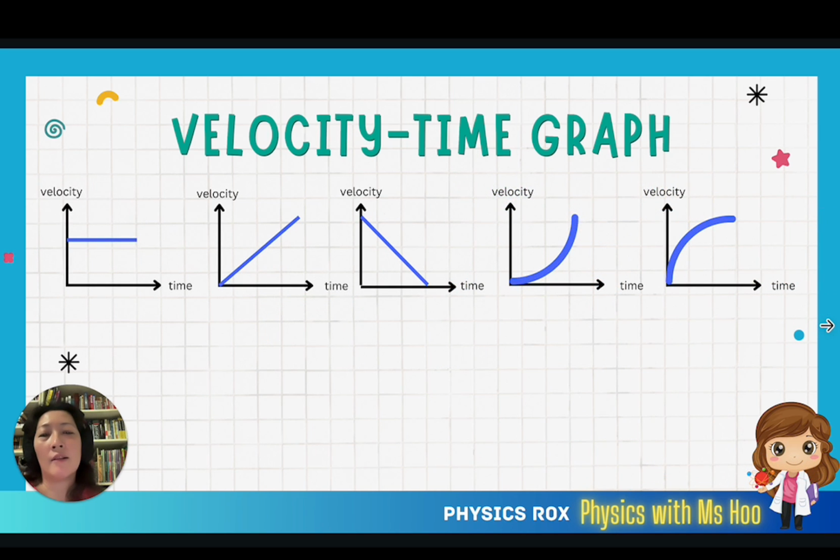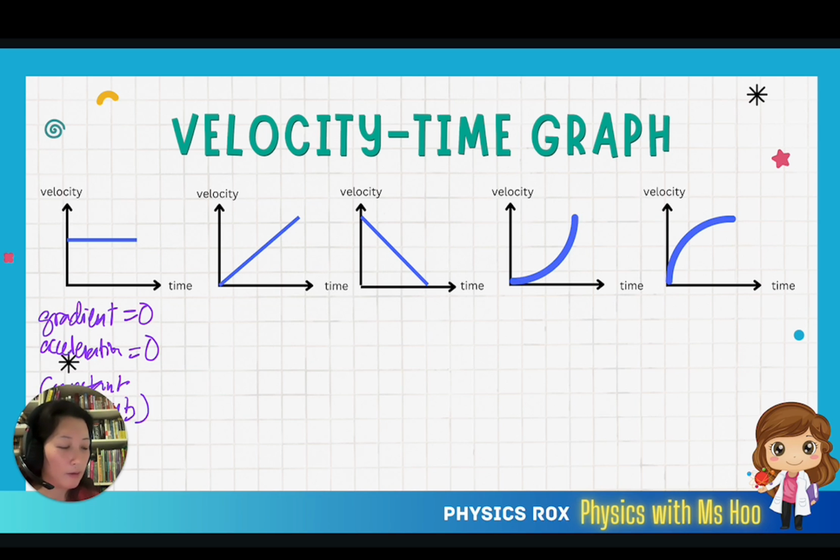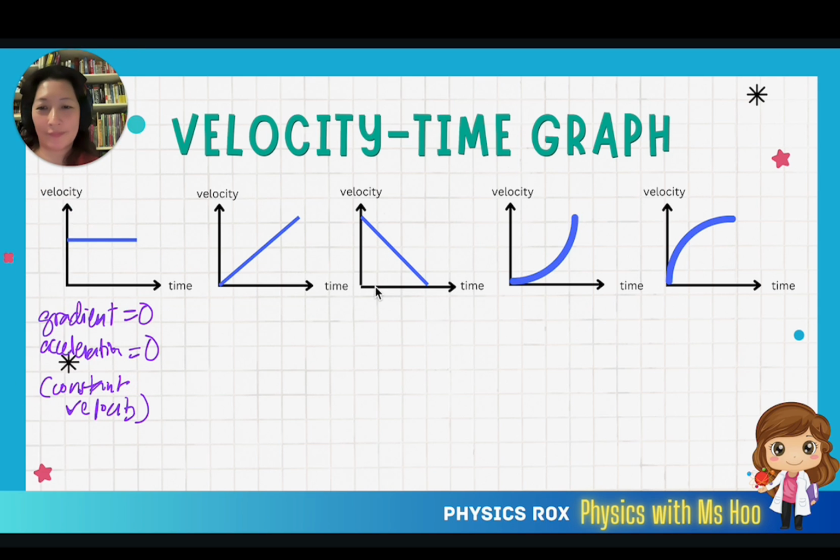Let's take a quick look at the different shapes of the graphs. So for the first graph, we have constant velocity or zero gradient. So zero gradient, therefore acceleration is zero. A zero acceleration here means constant velocity. Move my face out of the way so that we can see this more clearly.